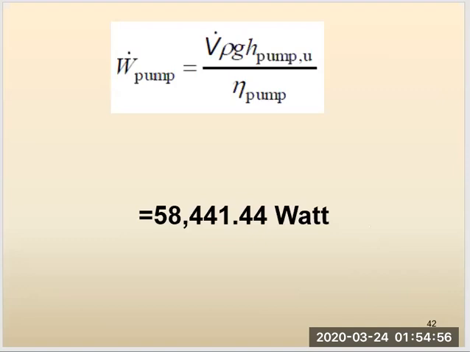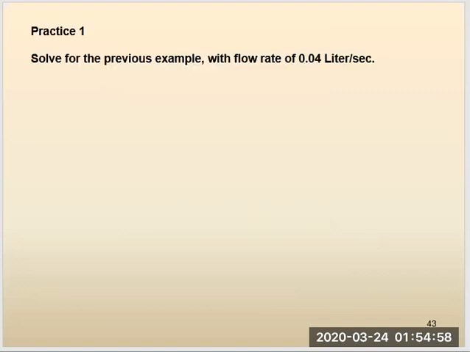What I want you to do as practice for this session is to solve the previous example with the only difference being a flow rate of 0.04 liter per second. See what procedure you need to follow.